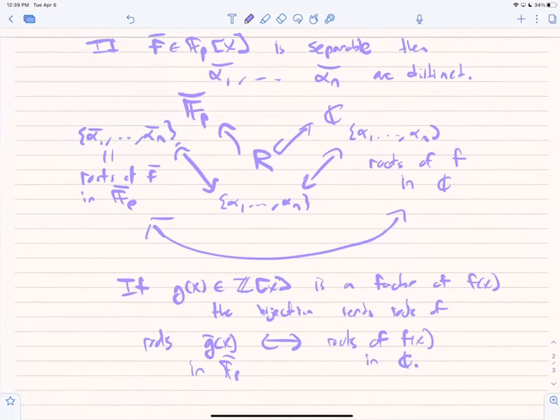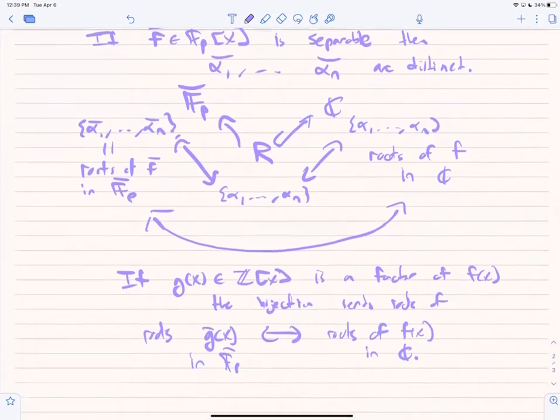So you get a way to understand the roots of this polynomial in the complex numbers in terms of roots of the polynomial over F_P. So this is very powerful.